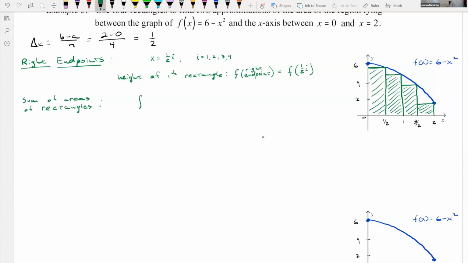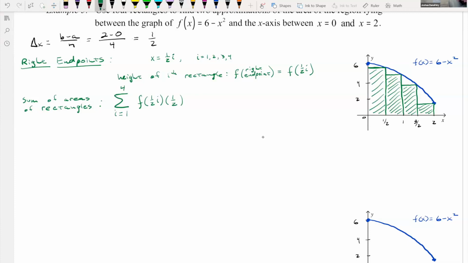So I'm going to have the height, f of 1/2 i, times the width, which is 1/2. This is height, that is width. We multiply those. When i equals 1, we'll have the area of the first rectangle. When i equals 2, we'll have the area of the second rectangle. When i is 3, we'll have the area of the third rectangle, and so on and so forth. And then we want to add them up. So we're going to put a sum i equals 1 to 4.